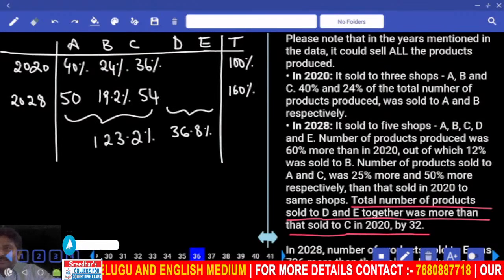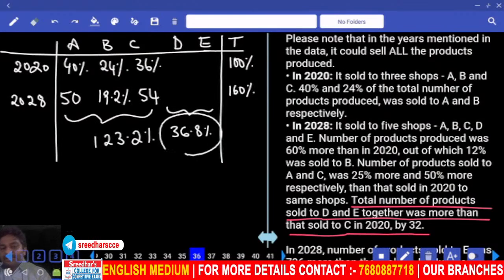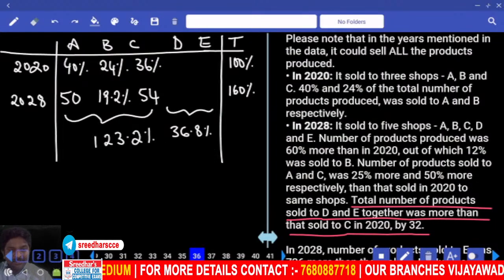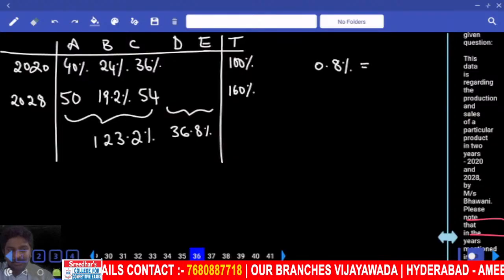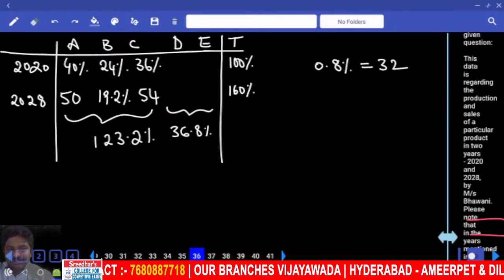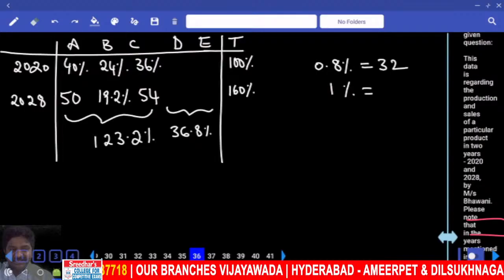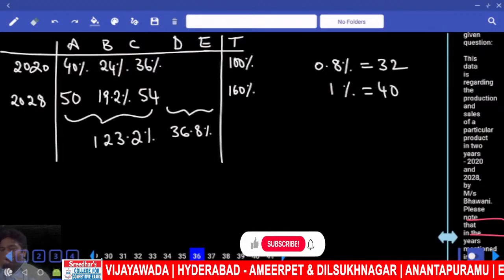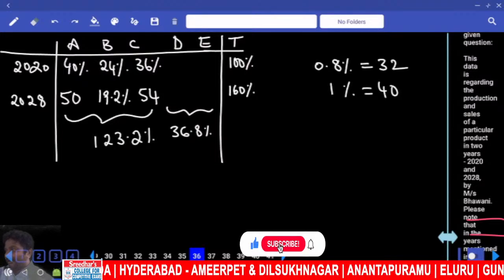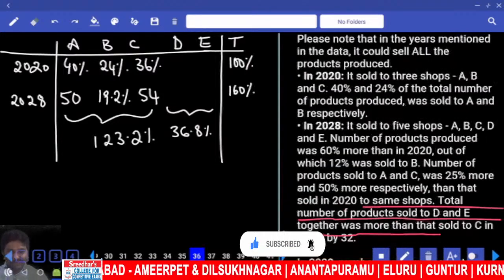C in 2020 was 36. Now both together 36.8. Percentage wise it is 0.8% more. Number wise it is 32 more. From this 1% is equal to 40. Right. When we want to convert percentages to number, every number should be multiplied with 40. We will do that when it is really required.